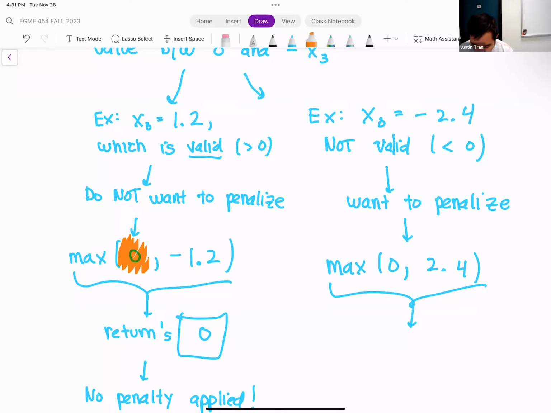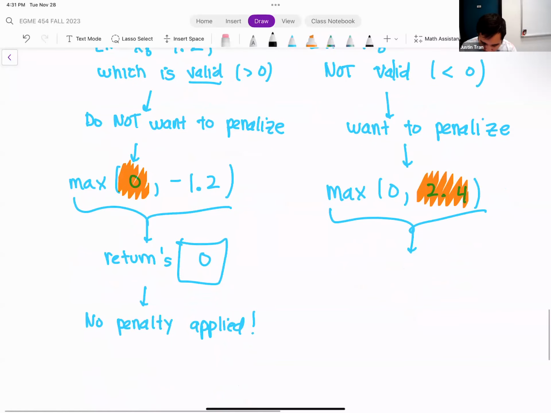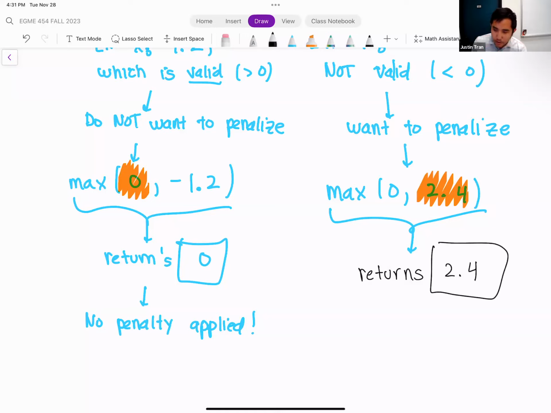In this case, 2.4 is higher, so we return 2.4. Since we're returning a positive number, this positive number is a penalty that we're applying to the objective function, and we're applying this penalty because we're violating one of our constraints.